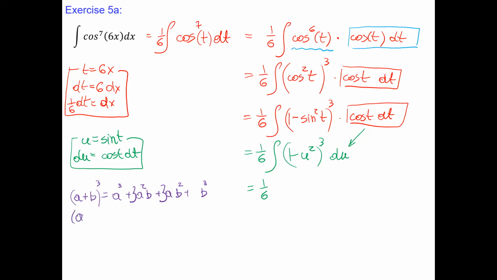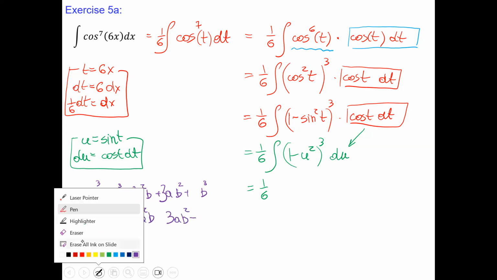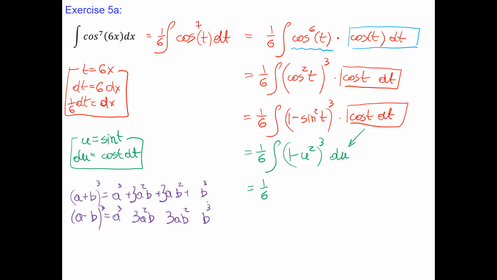But when we have subtraction, we follow the same thing: a cubed, 3a squared b, 3a b squared, and then we put the signs, b cubed. Wherever b has an odd power, it will be negative. This is squared, then it will be positive, and this is cubed. Okay, that's when we have to use the formula.